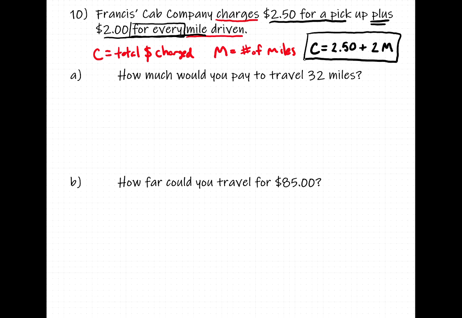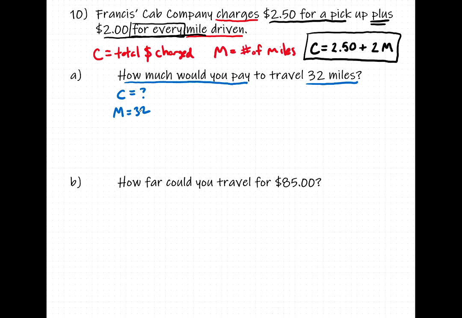All right, so in part A, how much would you pay to travel 32 miles? That's unknown. We know how many miles there are, so we're given that M, the number of miles, is 32. And the value of C, the total charge, is unknown.